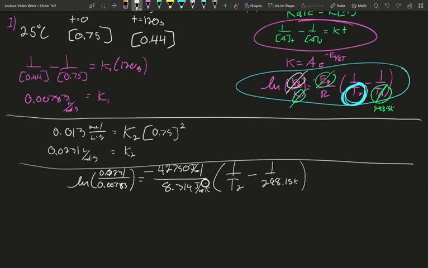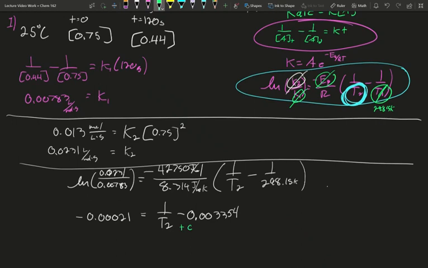Well, we can multiply the R value over. We can divide the energy of activation down. After we do that natural log, you'll get negative 0.00021 is going to equal 1 over temp 2 minus 1 divided by 298.15, or 0.003354.